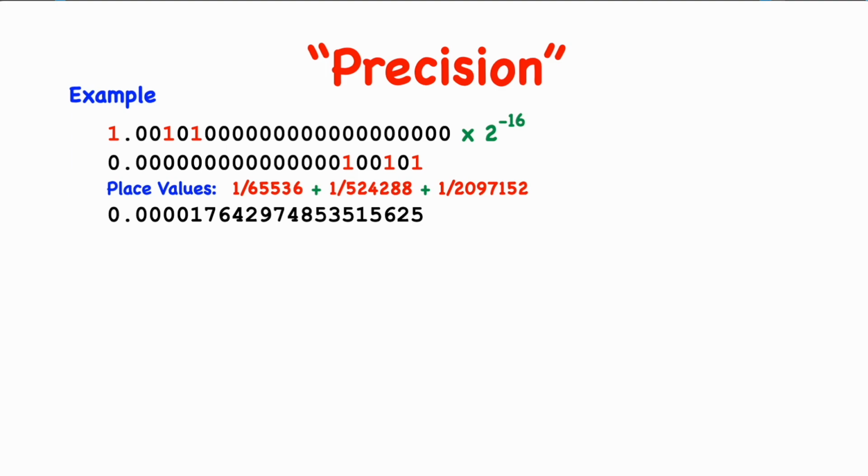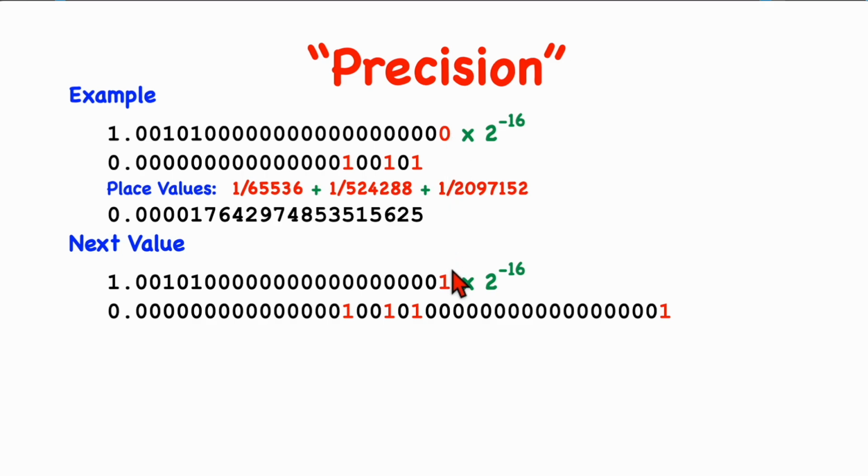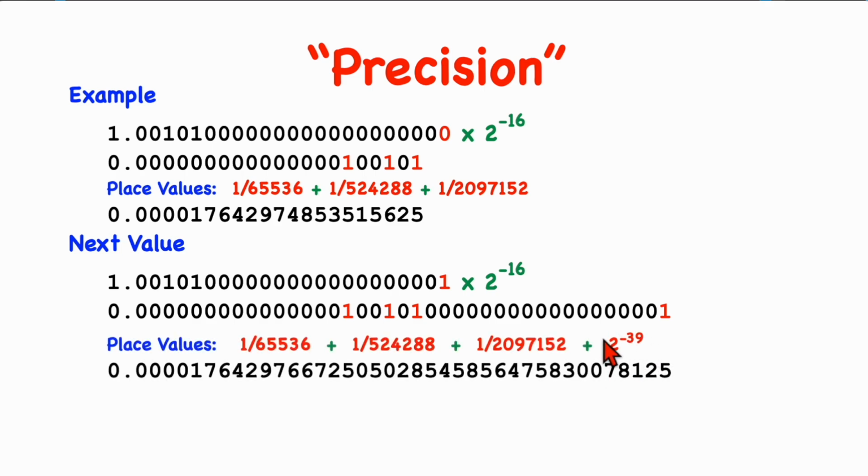Okay, so now let's consider the gap between the values with these small numbers. Let's take this bit and go to the next value by changing it to a 1. And so here's the number that we're representing. And this 1 is way out in a position that has a very small multiplier, 2 to the minus 39.